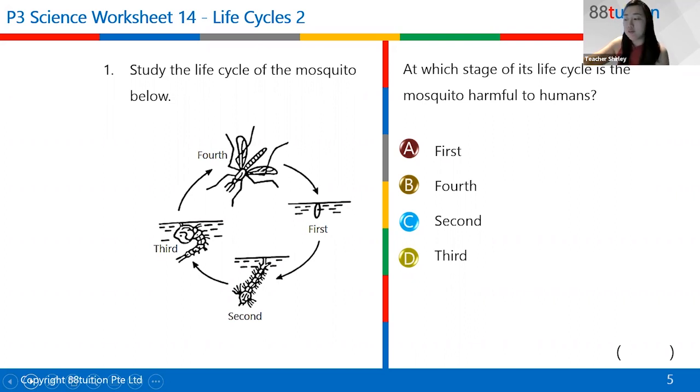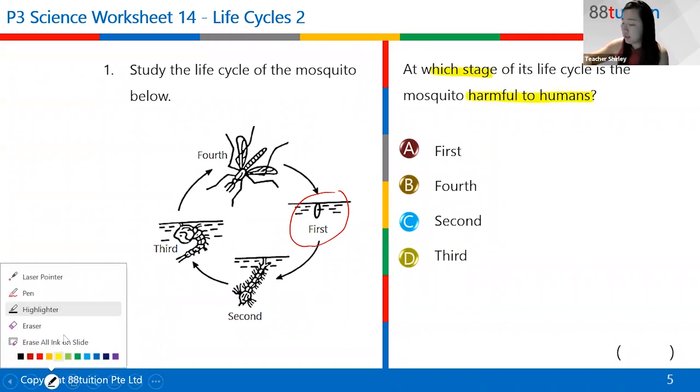Study the life cycle of the mosquito below. At which stage of its life cycle is the mosquito harmful to humans? So let's look at the first stage. Is it harmful? Okay, the question is asking, which stage is harmful to humans?